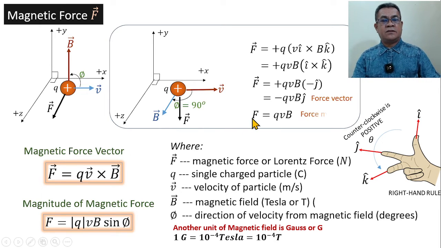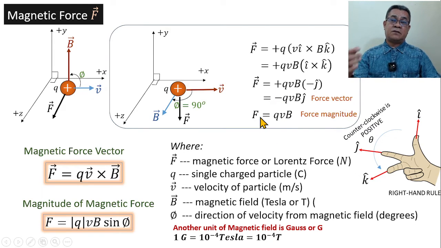Okay? So for the magnitude, just disregard the negative because the magnitude is always positive. So remove the negative sign, then we have QVB, and the direction is the negative y-axis. So, if given Q, the velocity magnitude, and the magnetic field, then you can evaluate this problem.